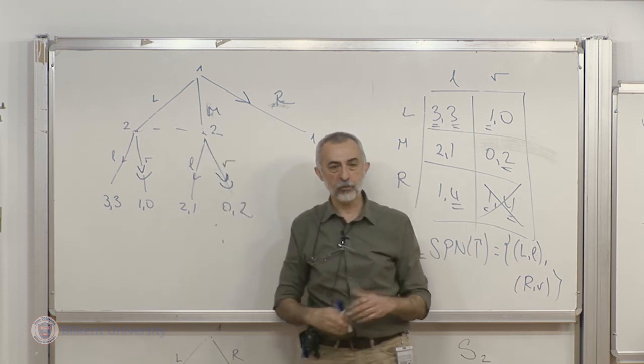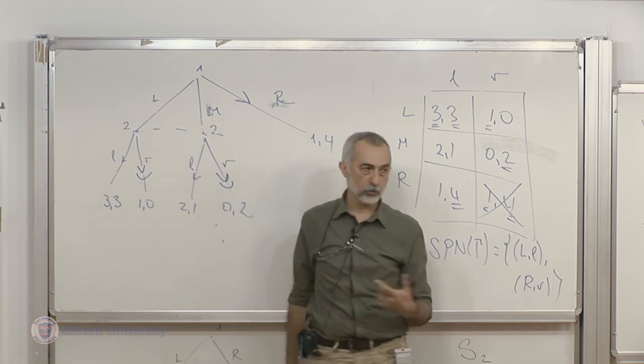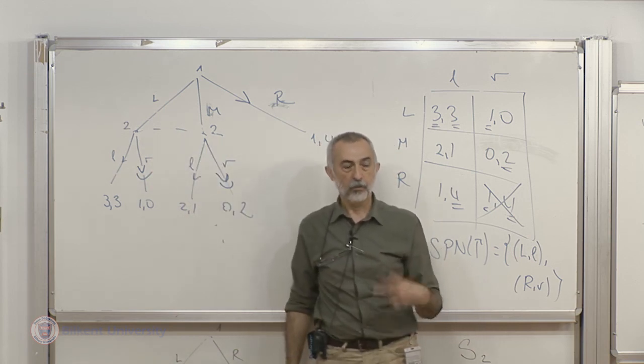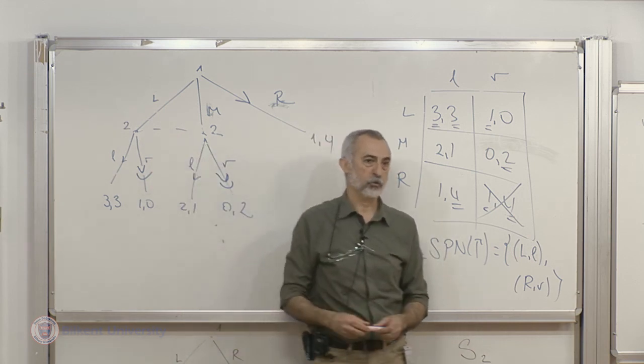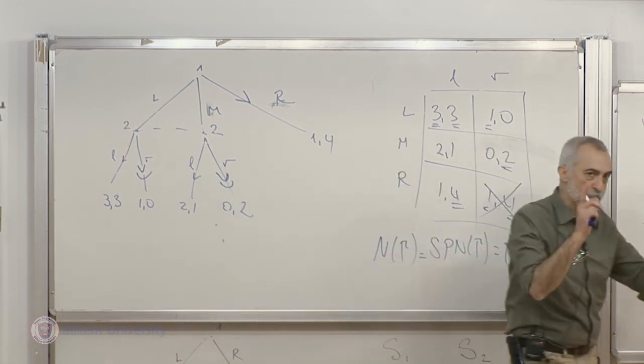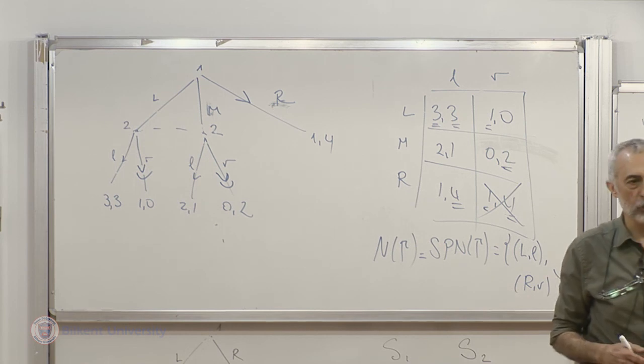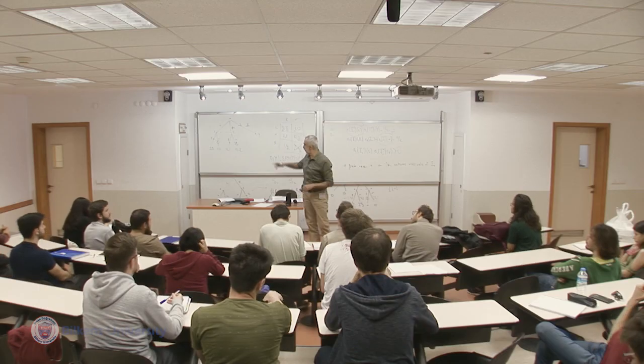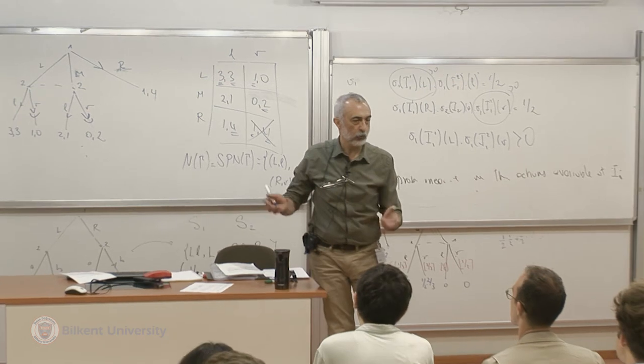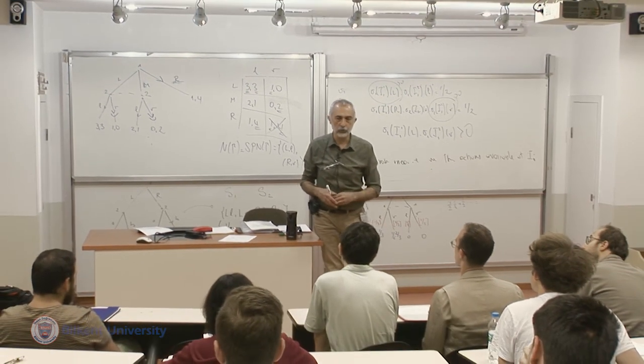So for each agent, we define a belief over information sets and a behavioral strategy. And if that list satisfies certain conditions, which we briefly explained here, we call it a weak sequential equilibrium.